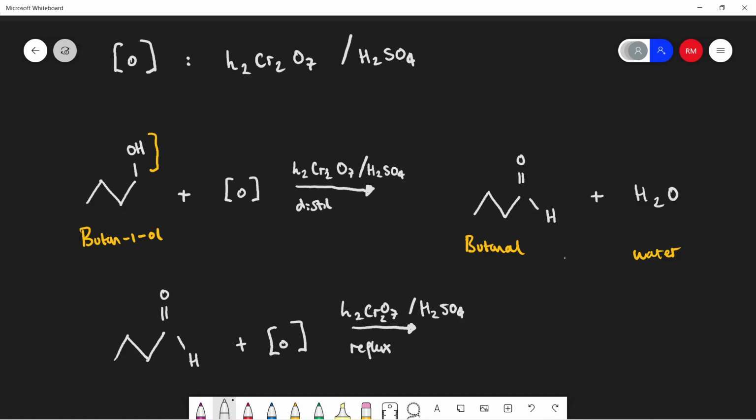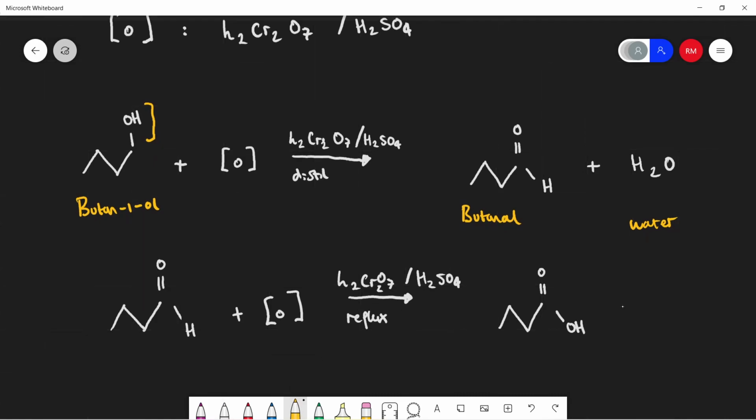By reflux, I mean the constant boiling and condensing of a reaction mixture. It essentially just makes sure the reaction goes to completion. And as a result of this, we will form a carboxylic acid.